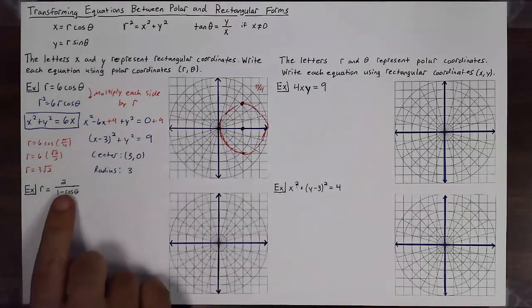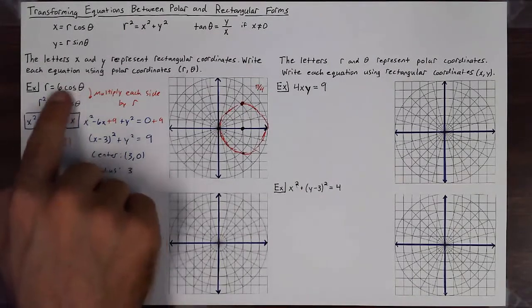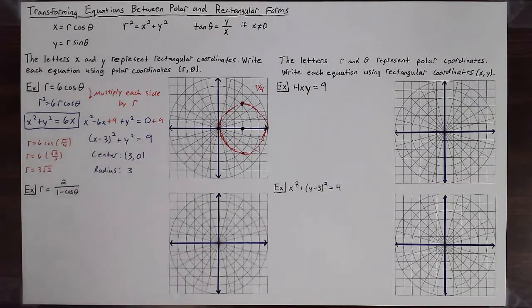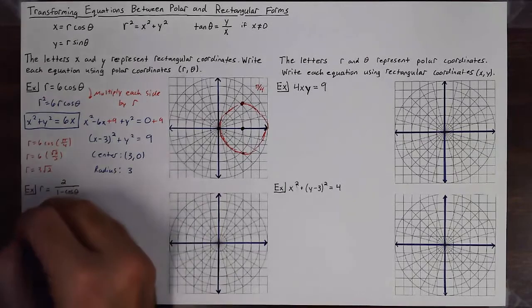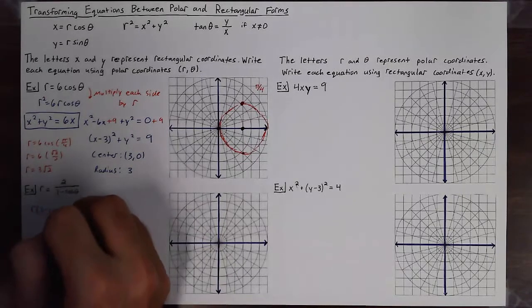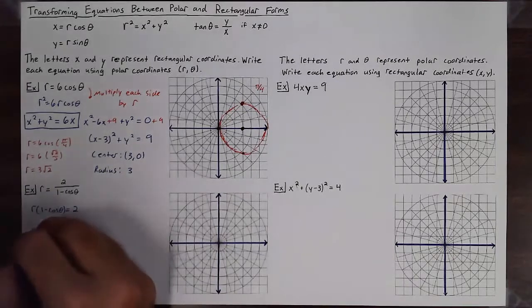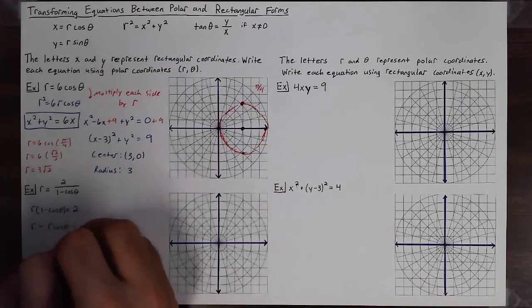Now let's look at r is equal to 2 over 1 minus cosine of theta. So already I have a very similar situation as I had up here. But what I'm going to do is multiply each side by 1 minus cosine of theta, giving me r times 1 minus cosine of theta is equal to 2. Then I can distribute r and get r minus r cosine of theta is equal to 2.